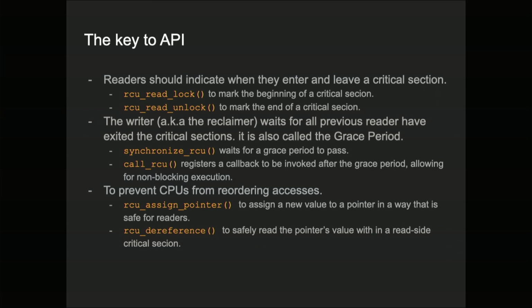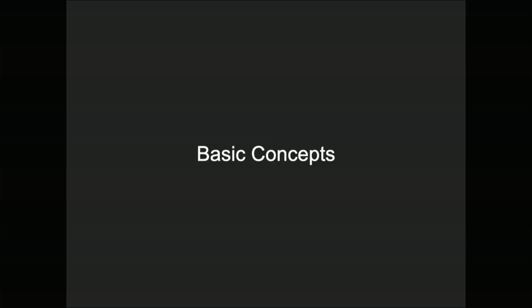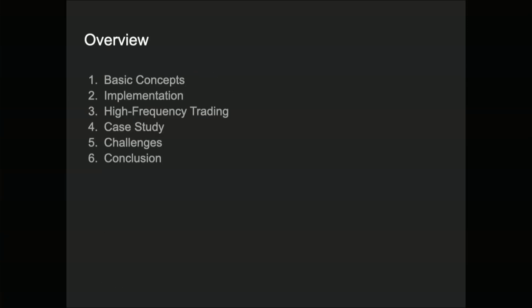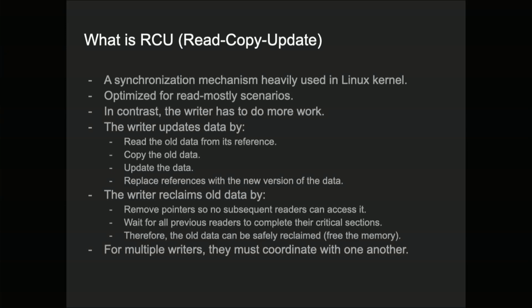RCU is heavily used in the Linux kernel and is optimized for read-mostly scenarios. Readers have almost zero overhead to access data. However, there's no free lunch. The writer has to do more work.